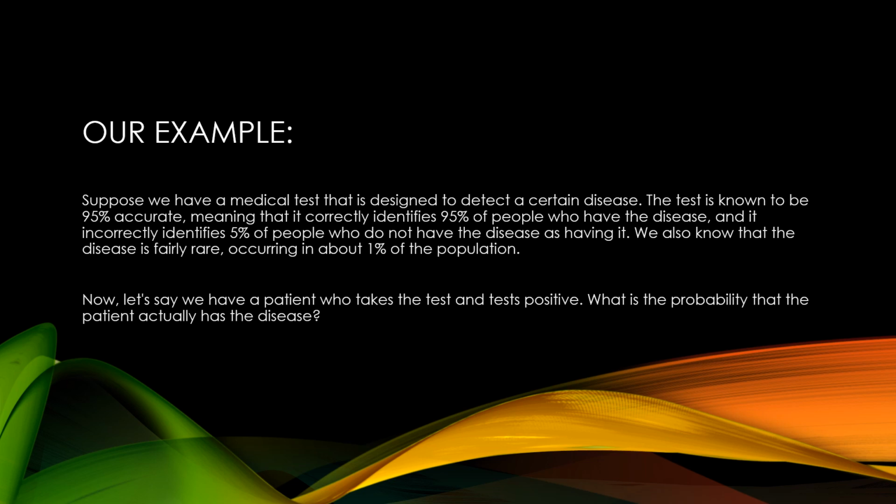This is just thrown out of the blue, meaning that it correctly identifies 95% of people, otherwise known as 95 out of 100 people, it will correctly identify whether they have the disease. And it incorrectly identifies 5%, otherwise known as 5 out of 100 people, who do not have the disease, as having the disease. We also know that the disease is fairly rare, occurring in about 1% of the population.